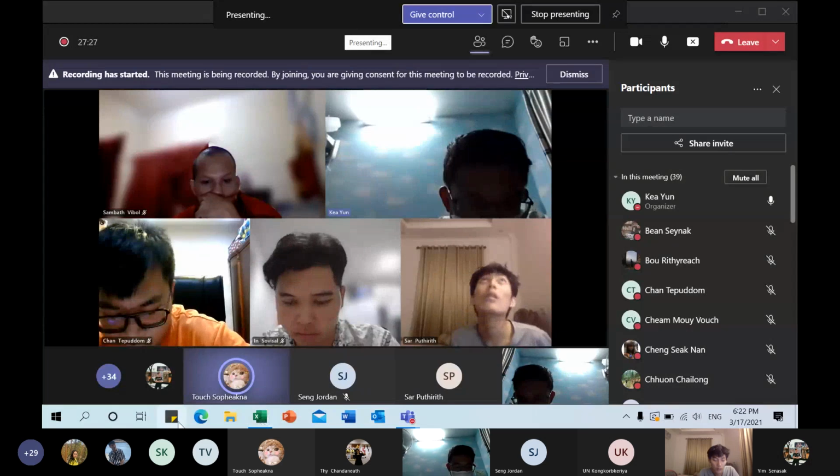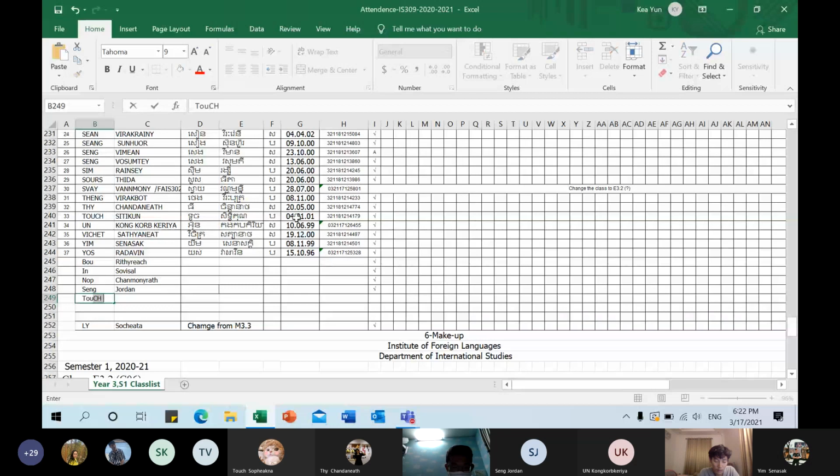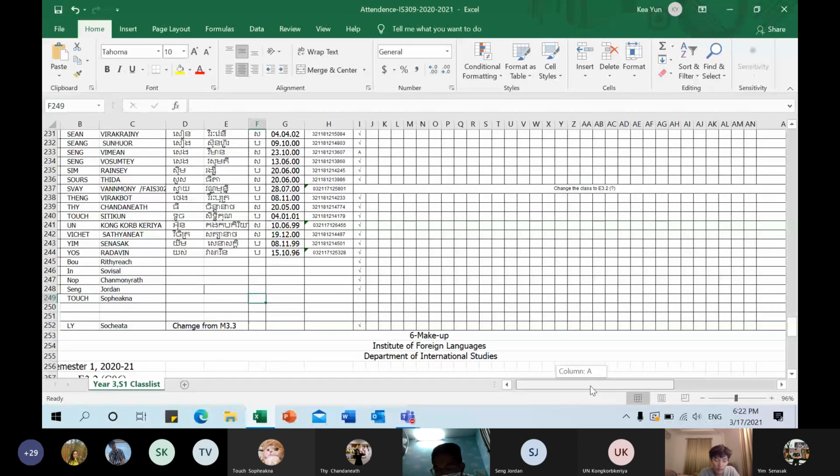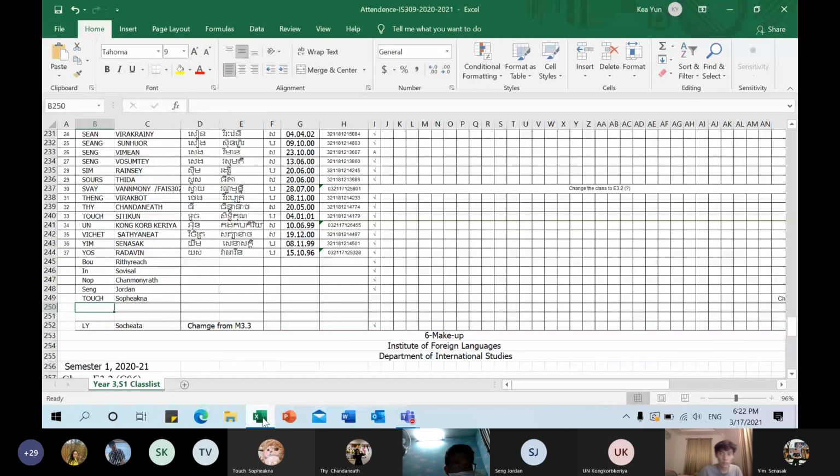Tu Sopena, which class do you change from? M3.3. From 3.3, right? Yes. Okay. Thank you. How about this one? The next one, please. I was cut out earlier.